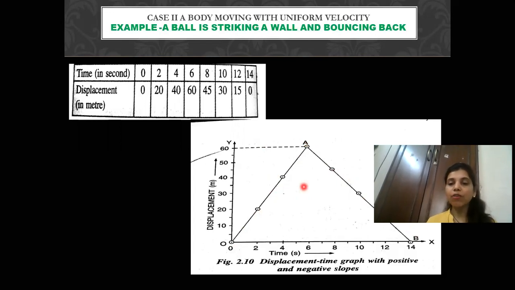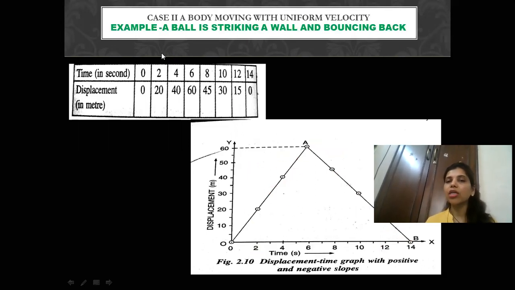It moved till 60 meter, and after that it is coming back. And if it is coming back, the velocity is going to differ from the velocity it had when it was going in the forward direction.